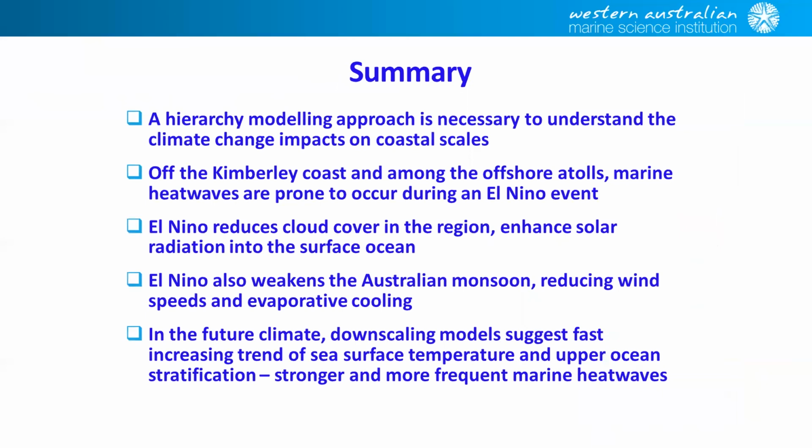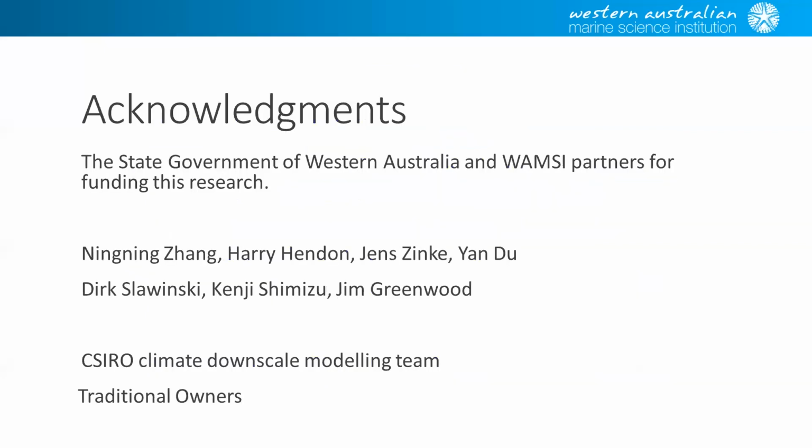And we know that in the future climate, we have a fast increasing trend of temperature, which increases the stratification and may affect other biological activities in the region. So, okay, I'll stop here, and here's my acknowledgement. Thank you.